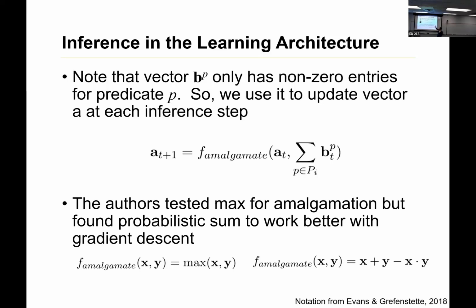So with amalgamate, originally they wanted to do max, and they had an idea that, hey, if we use max, we can have an arbitrary number of rules taken at each step. It turned out that in practice that didn't work. They had an issue with rules overwriting each other.